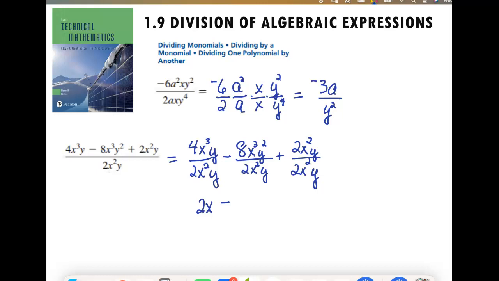So that's going to be 4xy. And then for our last term, everything cancels: 2 divided by 2, x squared divided by x squared, y divided by y. We don't just ignore it though. When everything cancels out, that's the same thing as saying 1. So this is our final answer: 2x minus 4xy plus 1.